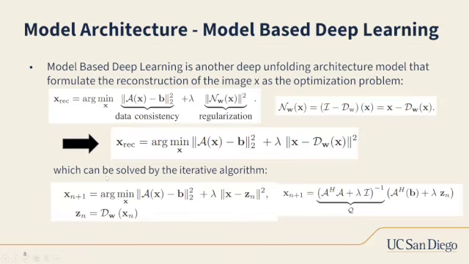The model-based deep learning architecture is another deep unfolding architecture that also formulates the reconstruction problem as an optimization problem. As we can see in the formulation in the middle, it still has these two terms. The first term is the data consistency term, but for the second term, the regularization term, it uses a very different term.